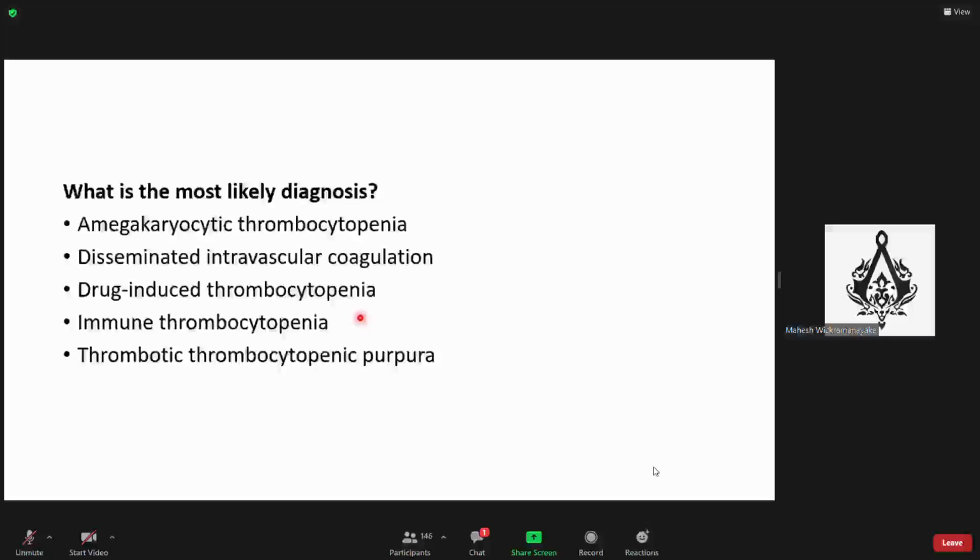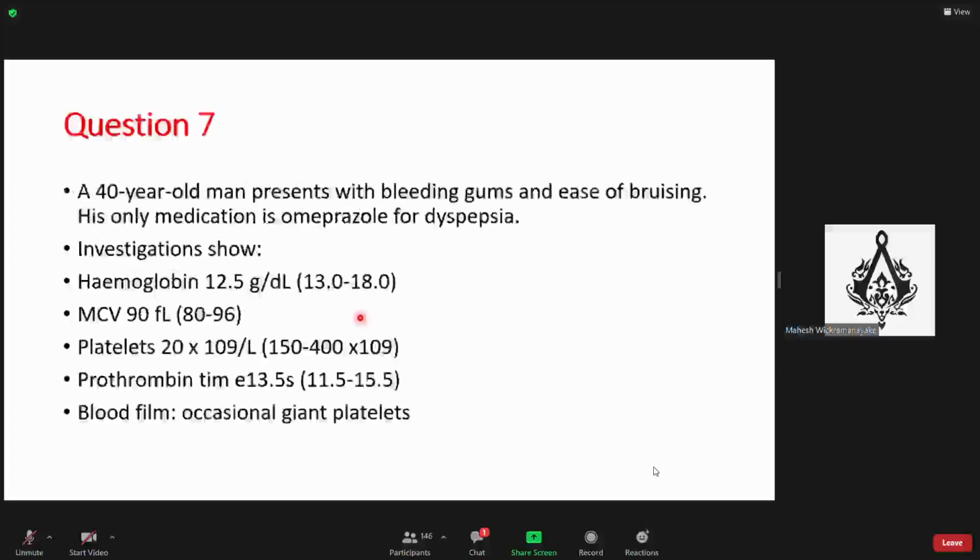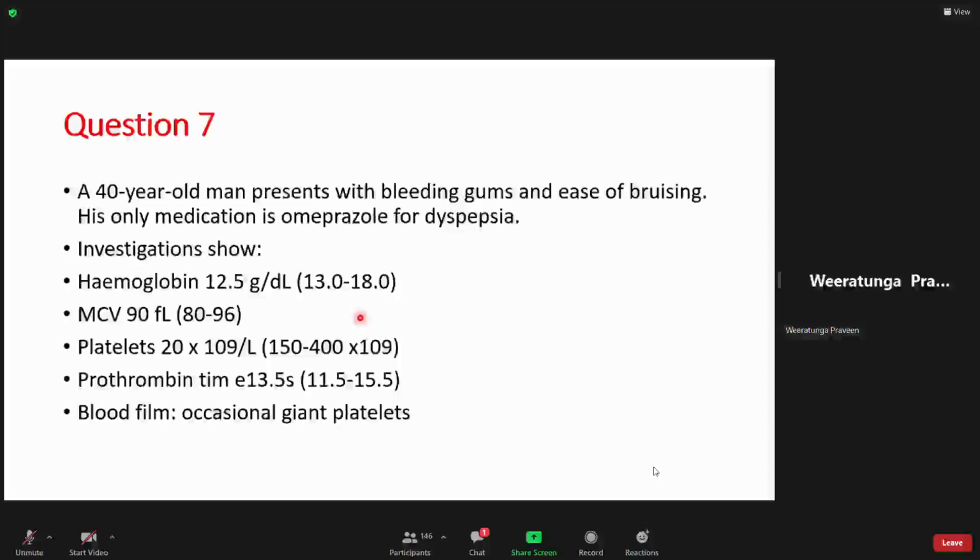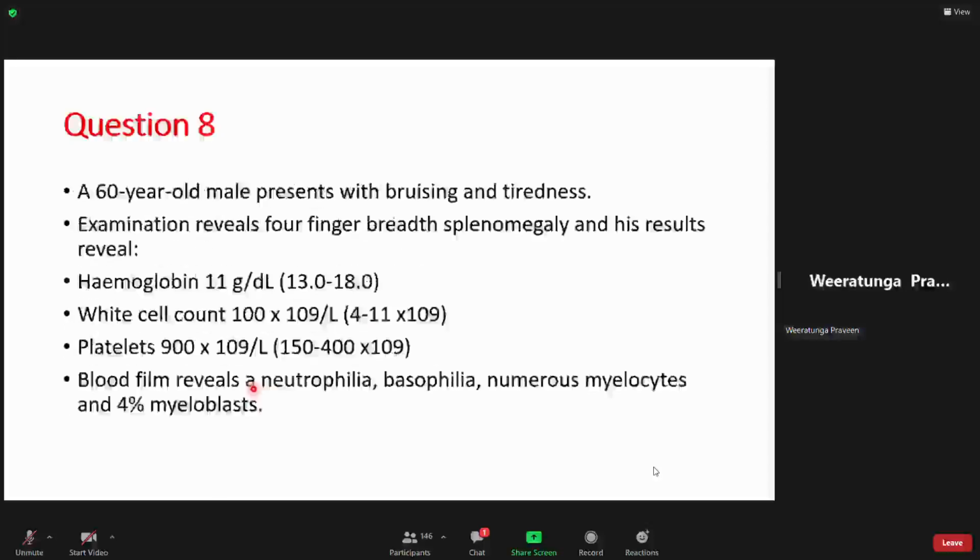Could this be drug induced thrombocytopenia? Omeprazole is not a common cause of drug induced thrombocytopenia. If some other drug had been given, maybe. Omeprazole, it's not a common thing. So the best answer is most likely ITP. Right.